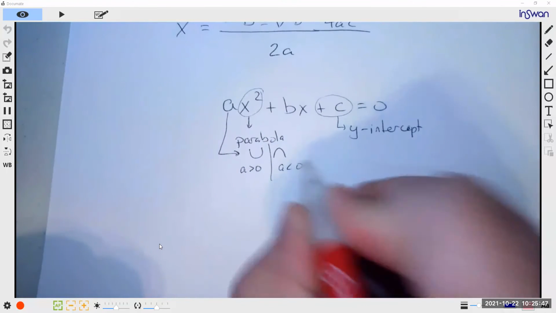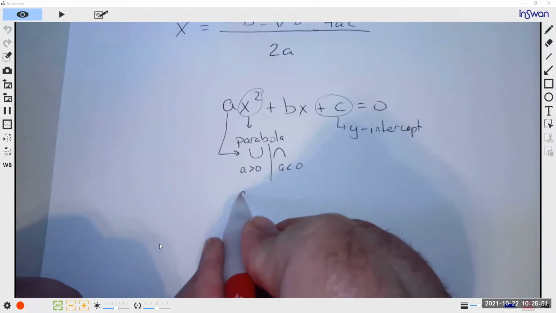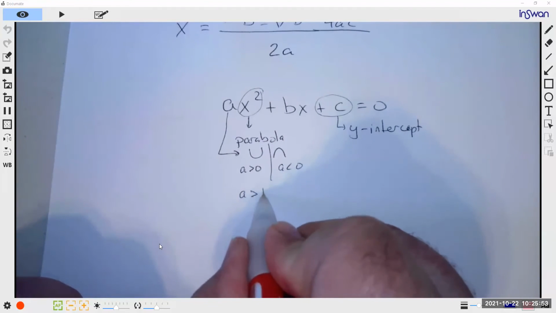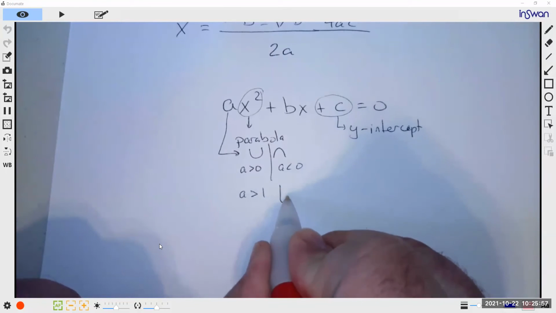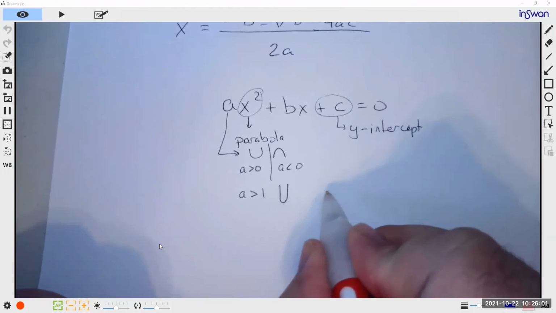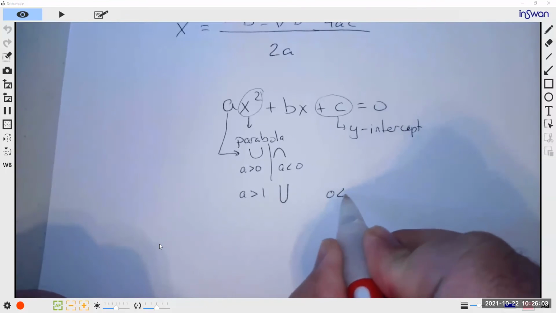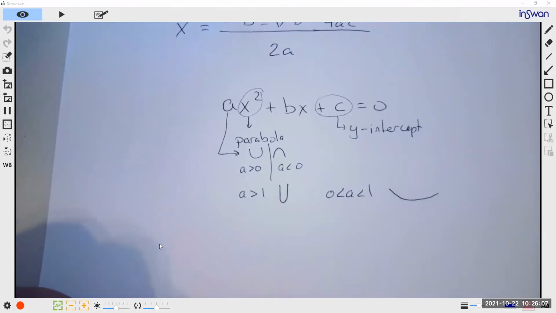If A is negative, it opens down. If A is greater than 1, it's skinny. If A is between 0 and 1, the graph is wider.